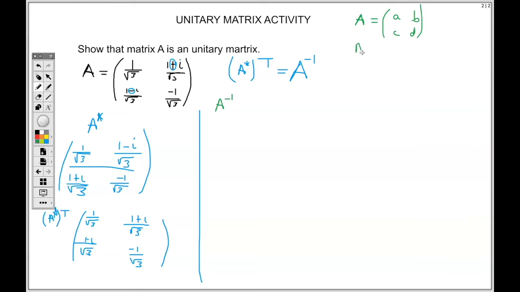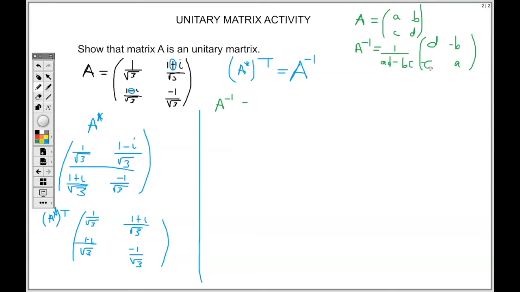So the inverse of this matrix, I am going to have 1 over the determinant, so AD minus BC, so B times C, times the adjoint. The adjoint is where I switch these two, and then I change the sign, so I have minus B and minus C.